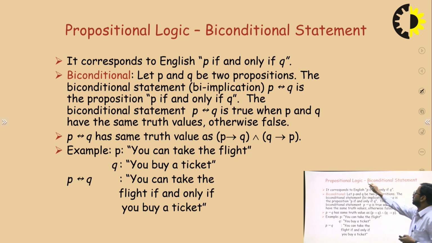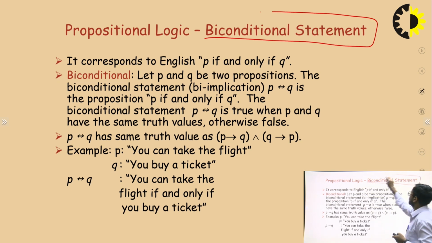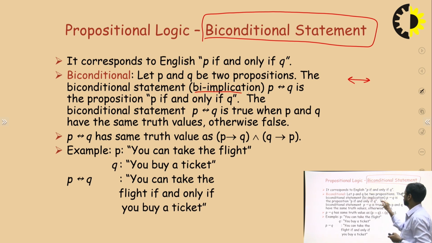Propositional logic. Now it is time to explain the biconditional statement. It corresponds to the English "P if and only if Q" and can be read that way. The biconditional statement P biconditional Q is true when P and Q have the same truth value, otherwise false.